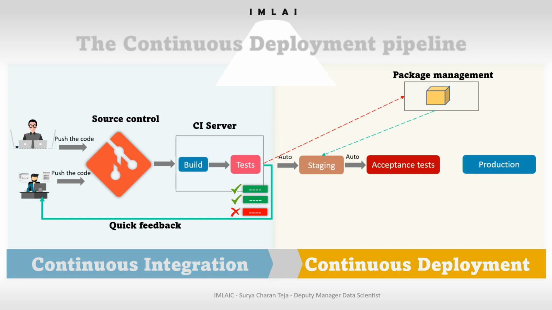Once all succeeds in the staging server, it gets back to the package manager, and from the package manager you'll get the package back into the acceptance tests server. And then the most important step comes. What is that?